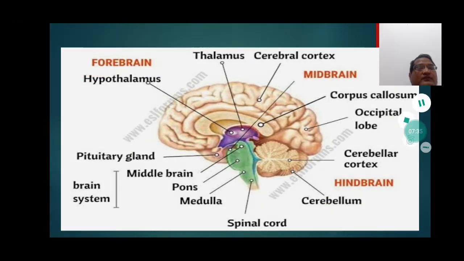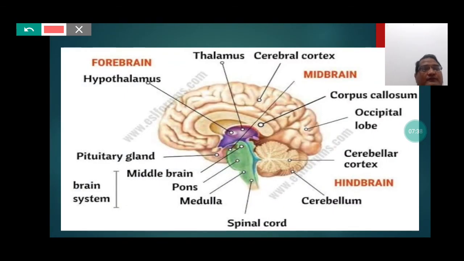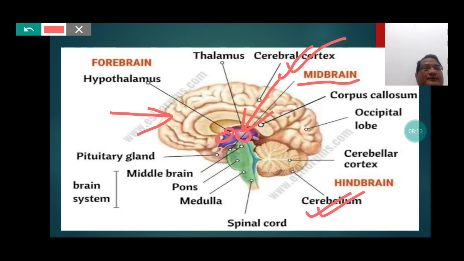So students, here the forebrain comprises of cerebrum, midbrain comprises of corpora quadrigemina, which remains present in the cavity, and crura cerebri, which remains present within the cavity, that is midbrain, and hindbrain, which you can find here, is cerebellum, pons, and medulla.